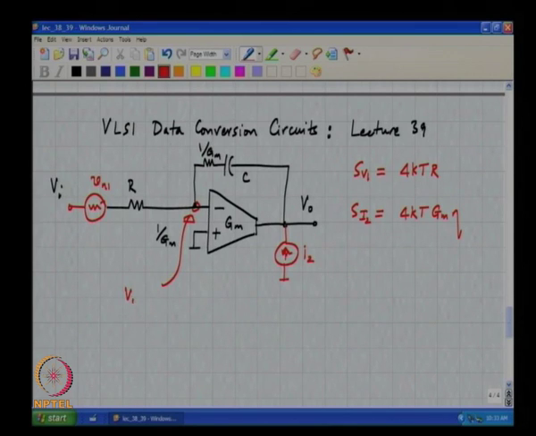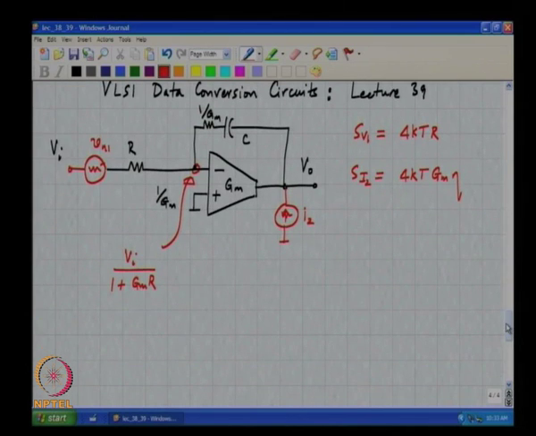This voltage will be Vi times 1 by 1 plus GmR, correct. So, the current that flows through the input resistor is given by Vi by R times... if the voltage on the right of the resistor is Vi by 1 plus GmR and to the left is Vi, what is the current that flows through the resistor?